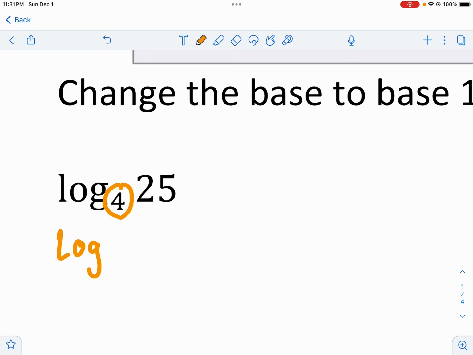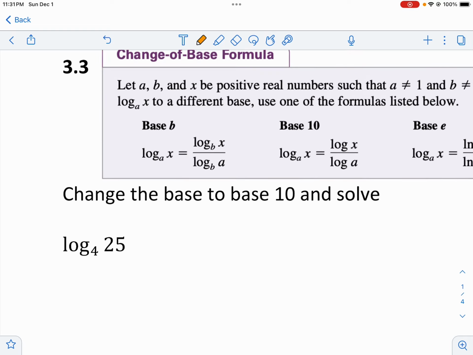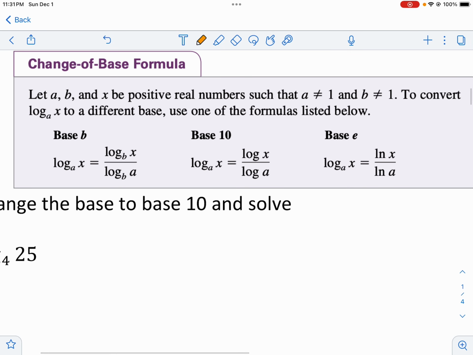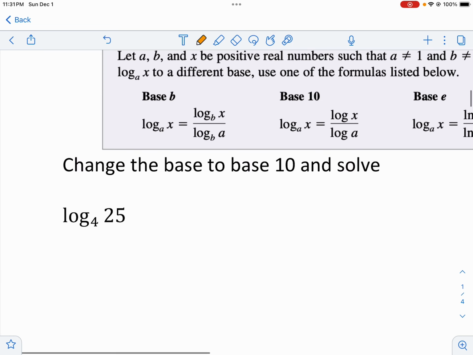The reason why is a long time ago, before your calculators could really do logs, you had to use this change of base to turn everything to base 10. So if you were to take this one, the formula says if you want to turn anything to base 10, you just need to divide. So this says log of a, put that on the bottom, and the x is on top.